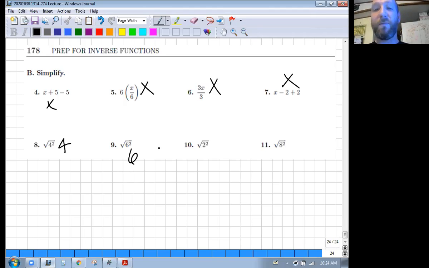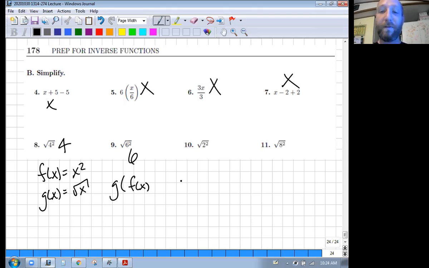This is an example of squaring and square rooting. What we're looking at here is g of f of x. G says take your input and square root it, so square root of f of x.